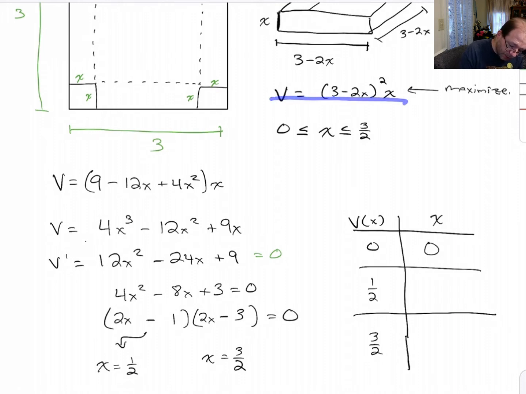Likewise, if you plug in 3/2, the 3 minus 2 times x, that's going to give you 0 there as well. And finally, if you plug in 1/2, you can plug it into here or here. I'm going to plug into there because it's going to be easier. Plug in 1/2, you get 3 minus 2 times 1/2 squared times 1/2.